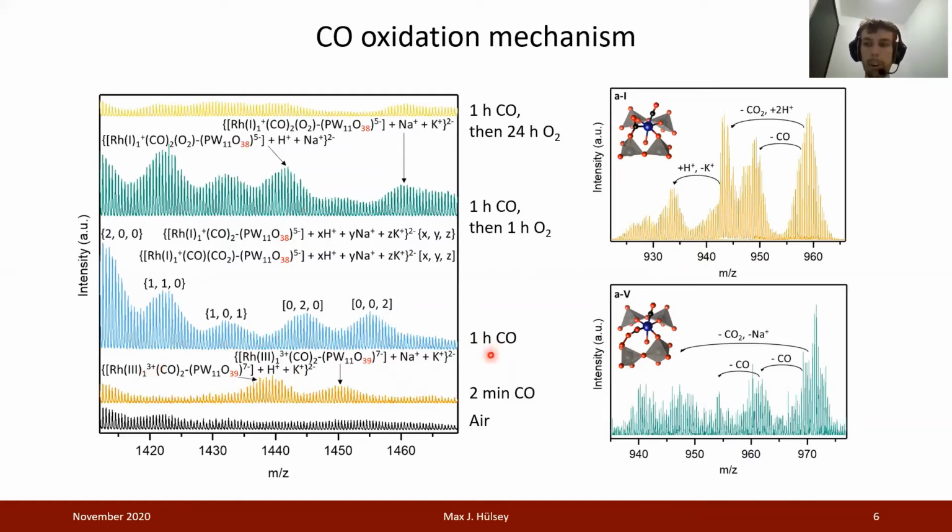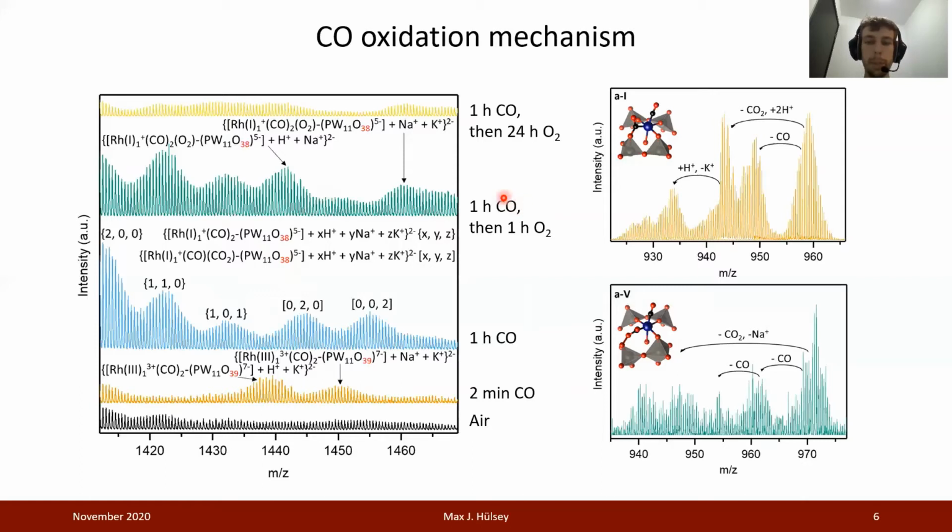If we bubble carbon monoxide for long enough, for 1 hour, then we actually see that rhodium becomes reduced from rhodium 3+ to rhodium 1+, and the PW11O39 now lost 1 oxygen atom and becomes an oxygen vacant PW11O38 species. The big benefit of ESI-MS is that we can get the exact reaction stoichiometry, the stoichiometry of each of the intermediates during reactions.